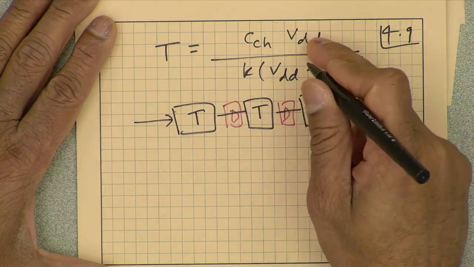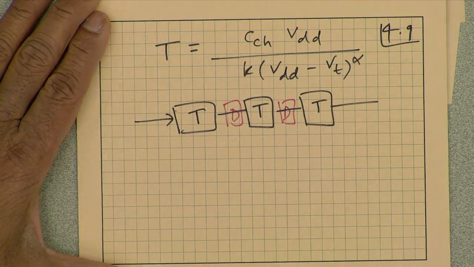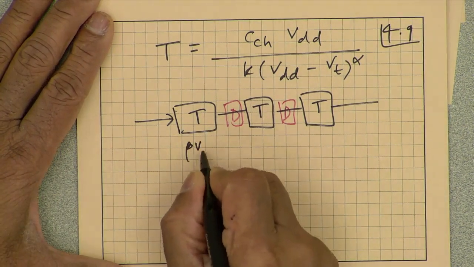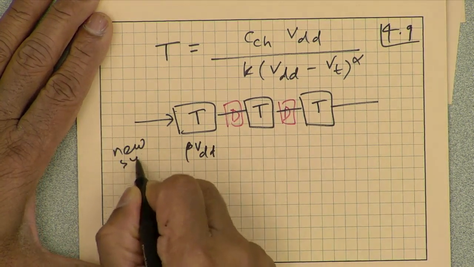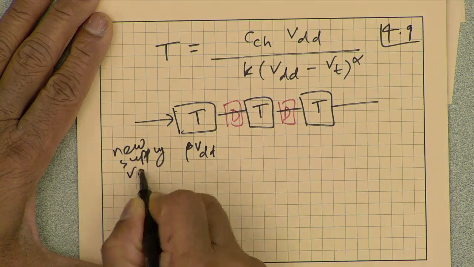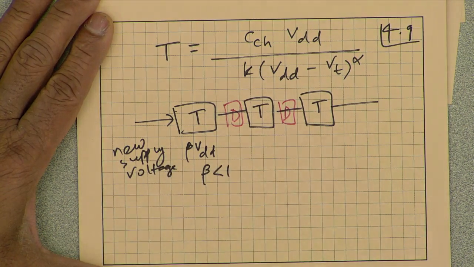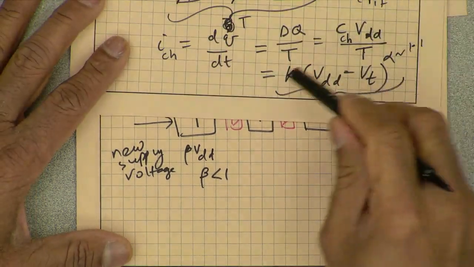So even though with supply voltage VDD this could be charged or discharged in time t by 3, we want to reduce the supply voltage to beta VDD. That's the new supply voltage, where beta is less than 1, and by reducing the supply voltage we are essentially reducing the charging current.